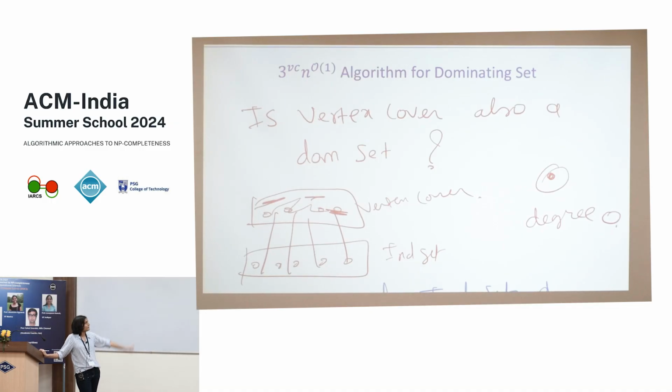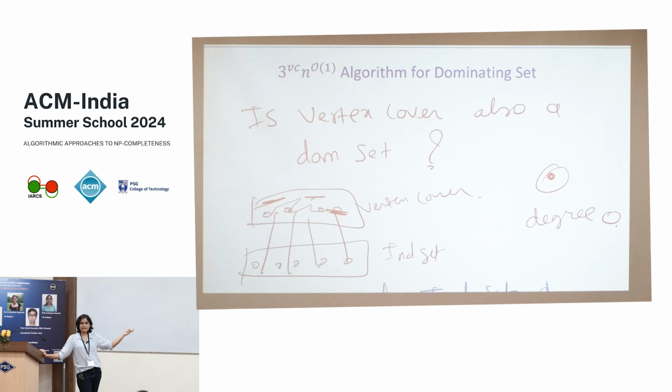What we will do? First we will design a 3^(vertex cover) algorithm, and using some similar ideas we will design a 2^(vertex cover) algorithm. Okay, that's the aim now. Here we are not trying to design an algorithm for vertex cover. We are just exploiting the structural property of the graph when we have a vertex cover given to us.